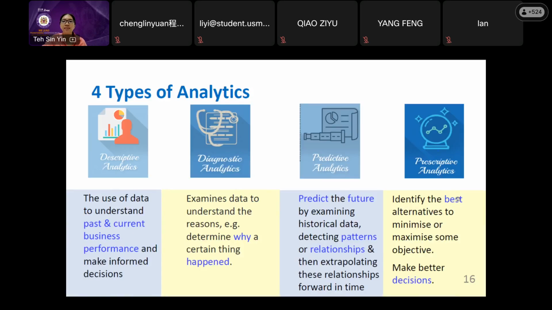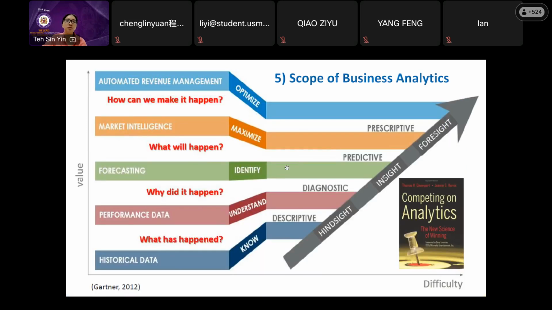Prescriptive, the keyword is optimization, the best solution. Optimization means minimizing or maximizing depending on your objective in order to make the decision. This slide helps you summarize from descriptive to prescriptive.